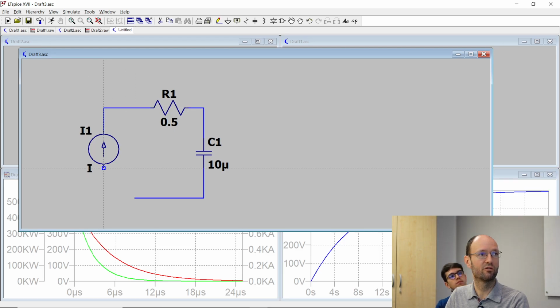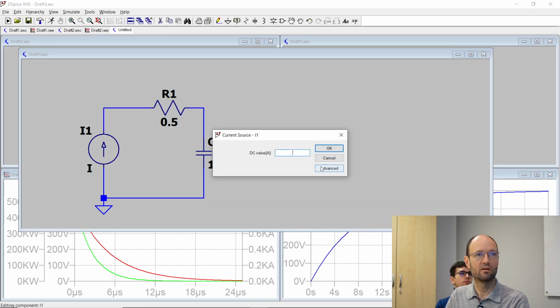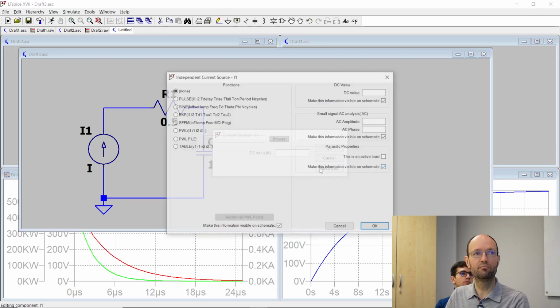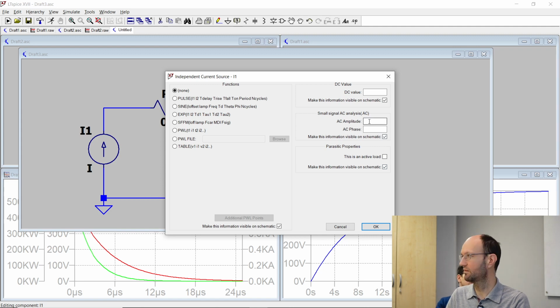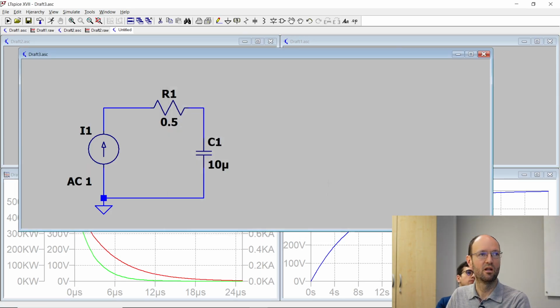Then we also need to have some ground symbol here. And we set this current source to 1 ampere. And not DC, because now we want to have something complex, so we set it to small signal AC analysis. This is what we do with complex phasors, set it to 1 ampere.